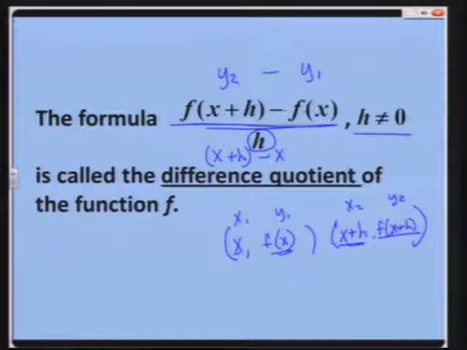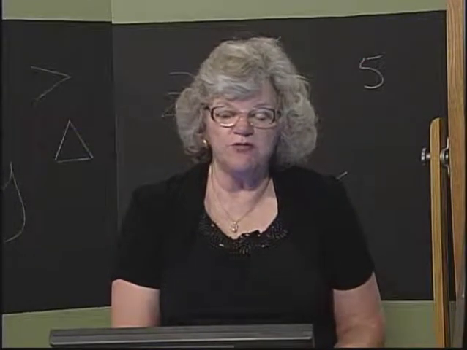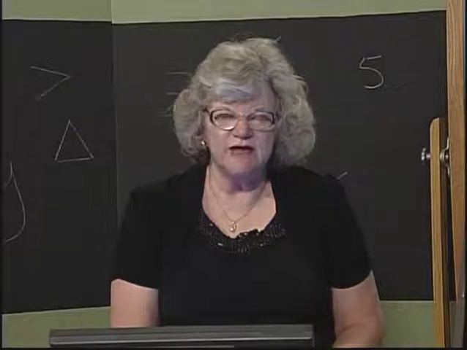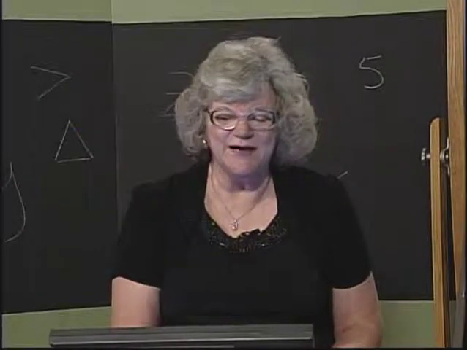So this is sort of like the slope, isn't it? The slope between 2 points, x, f of x and x plus h, f of x plus h. That's interesting. But each time you're asked to do the difference quotient, you will be given the formula. So today I'll give it to you because I didn't write it on all the slides.